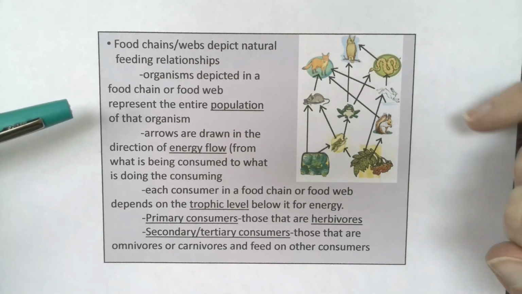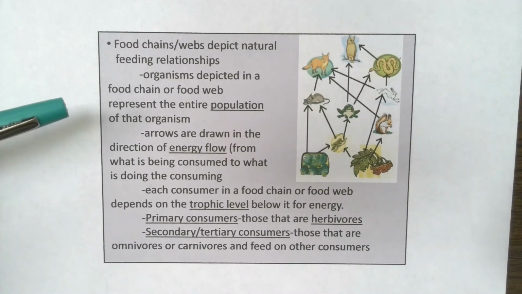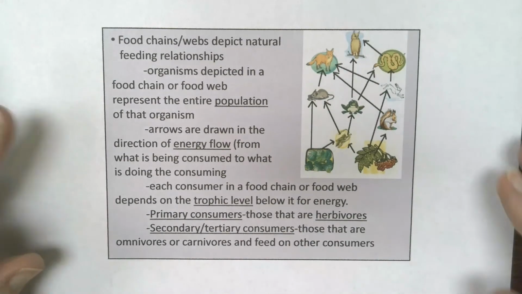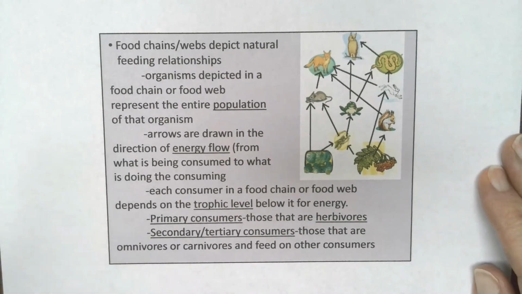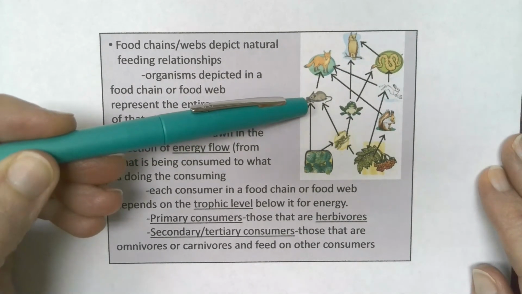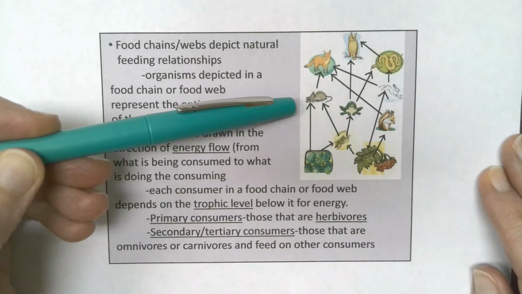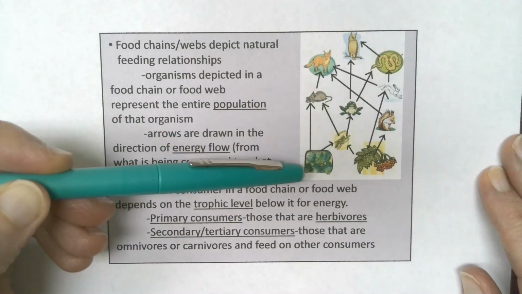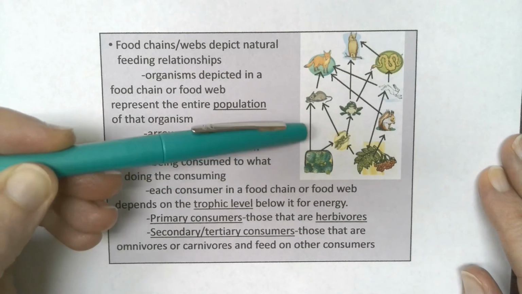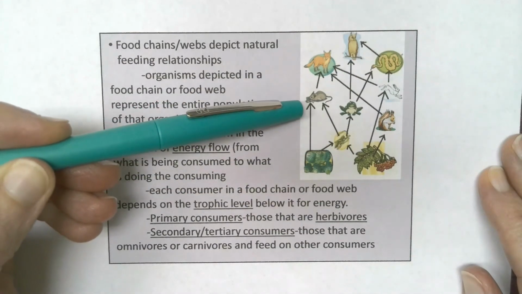Okay, the arrows are always drawn in the direction of energy flow. Okay, so from what is being consumed to what is doing the eating or the consuming. So the pointy part of the arrow is going to be the destination of the energy. Okay, the energy starts here in this plant, and then when the mouse consumes it, the energy ends up here, right?